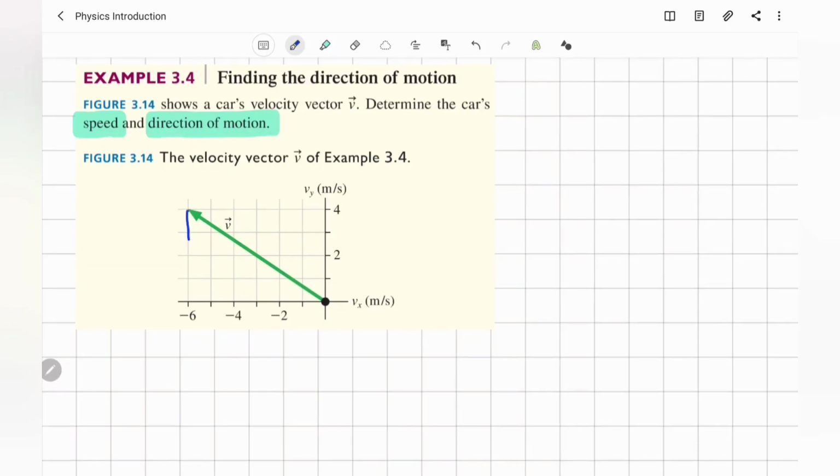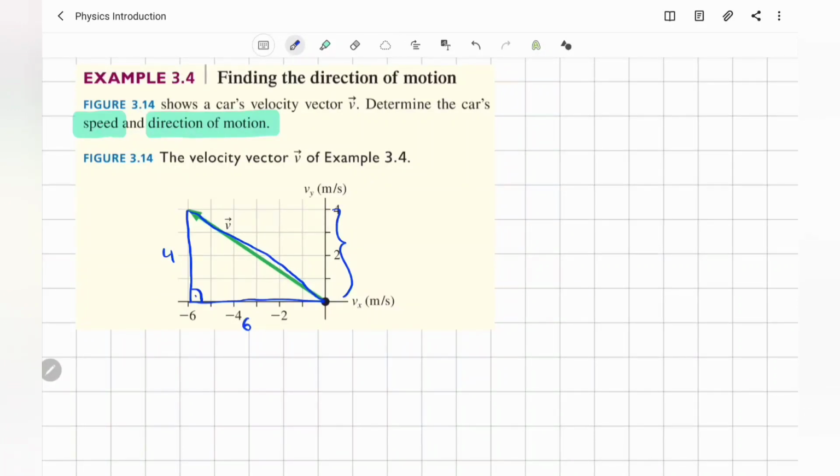This height is 4, the base is 6. As you see, this is just a simple right triangle, and we need to find the hypotenuse, which will be equal to the velocity. This part is totally just geometry.